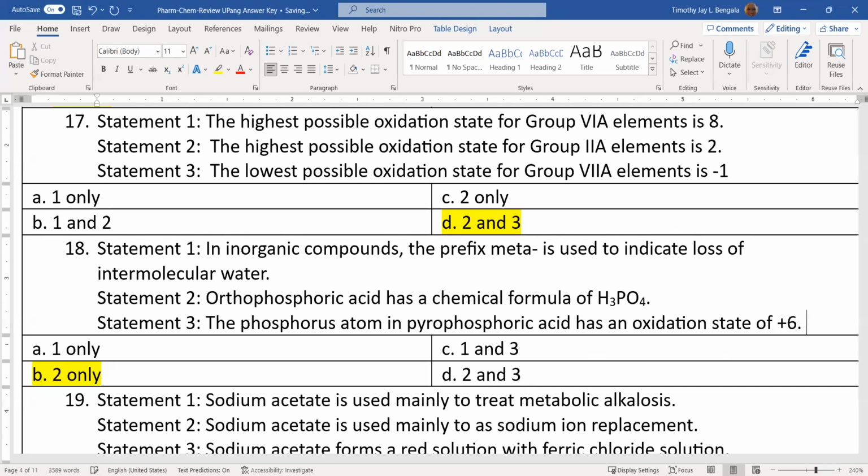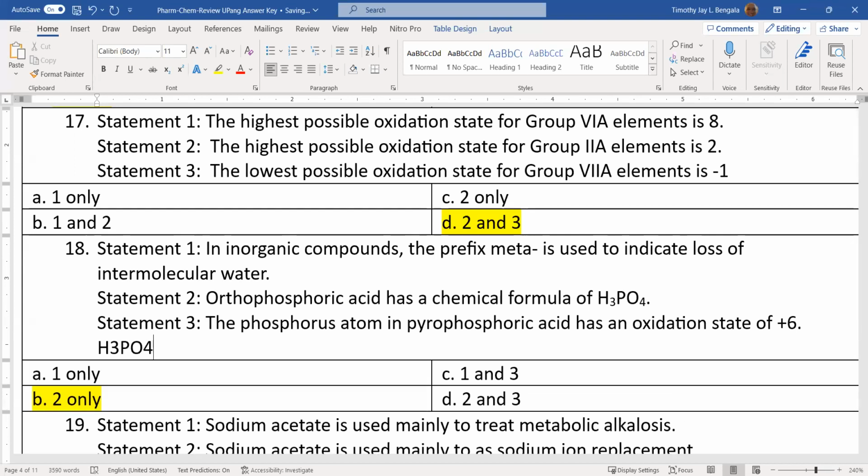Okay, so reviewin natin, no? So again, paano ba natin i-visualize? For pyrophosphoric acid, imagine natin we have H3PO4 times 2. Dalawang H3PO4. So this one would have a chemical formula of H6P2O8.